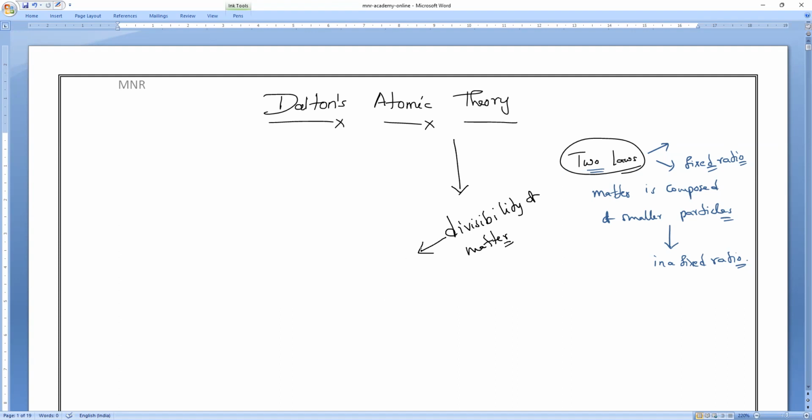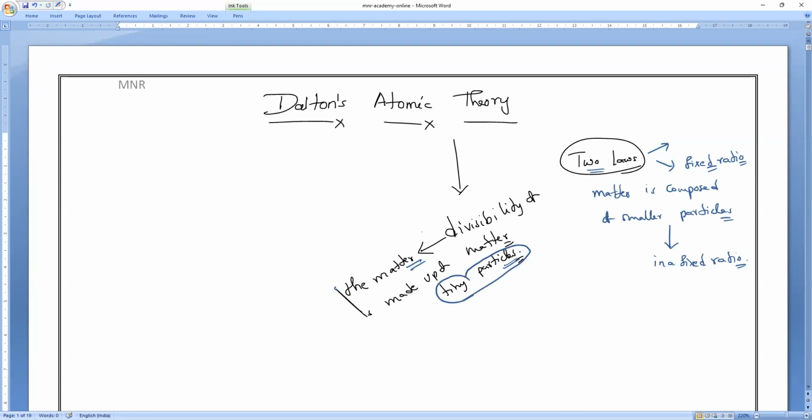It means the matter is made up of tiny particles.